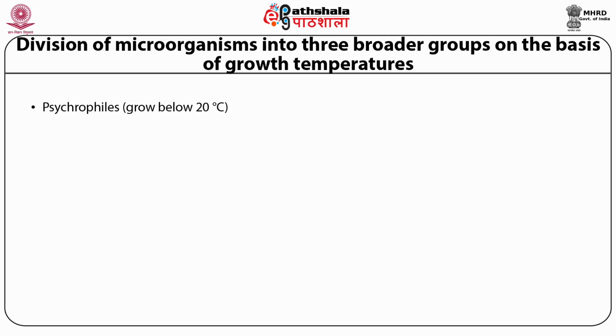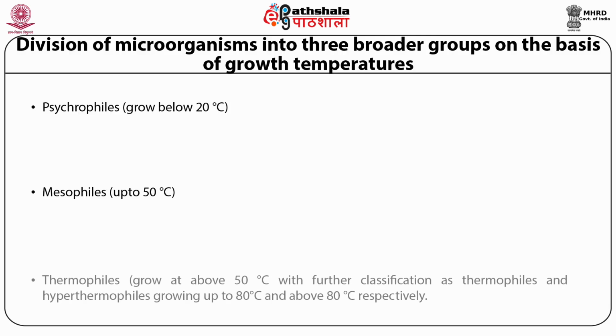Now, the organisms which live within moderate temperatures, which we can say is above 30 degrees and up to 50 degrees, are called mesophiles. And the organisms which are called thermophiles have their growth temperatures above 50 degrees Celsius. Now, the thermophiles are further classified into thermophiles and hyperthermophiles.